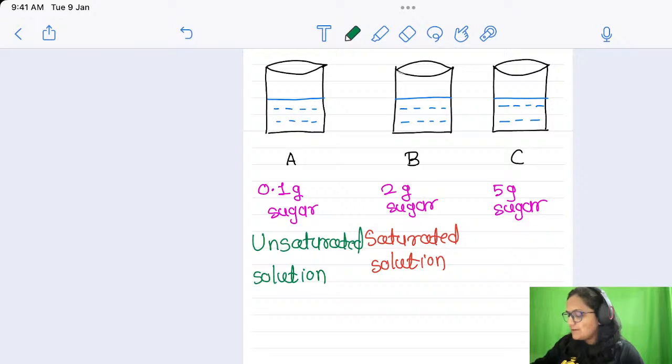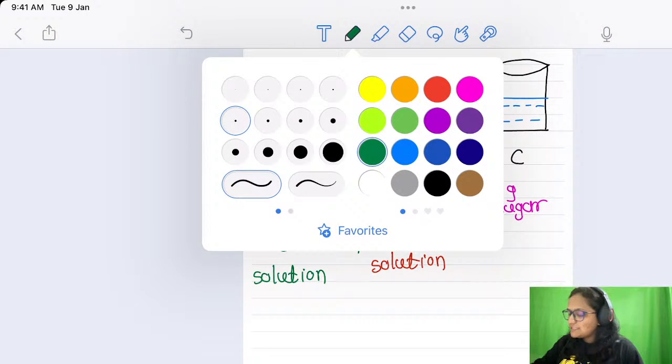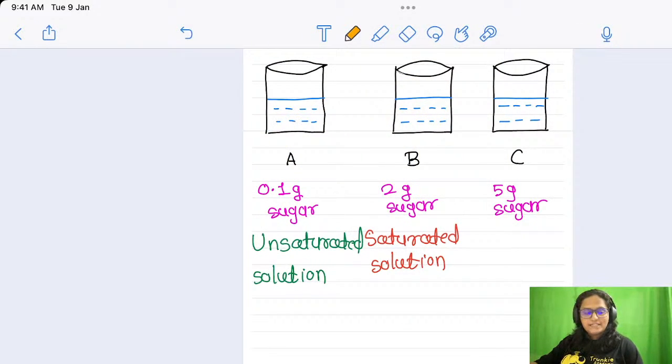Okay, then we'll discuss the last one. In the last one, you can see capacity is 2 gram, but there are 5 gram of sugar, right? Even if we forcefully try to dissolve the extra 3 gram of sugar in it, will they get dissolved? No, because the capacity is 2 gram only. After 2 gram, even if you try to dissolve a single molecule of sugar, it will not get dissolved, right? Therefore, it has extra molecules of sugar.